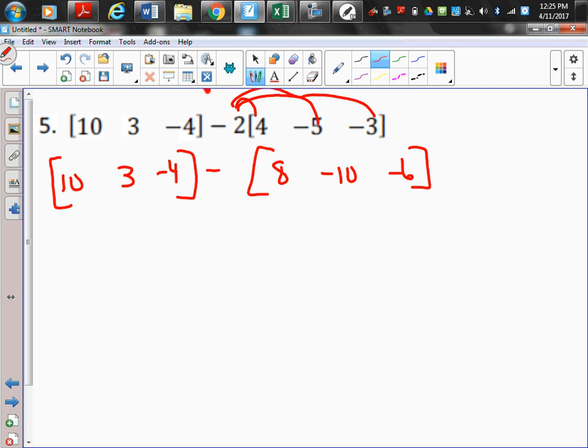So now you go 10 minus 8, 2. 3 minus -10, 13. -4 minus -6, that's 2. So you multiply by your scalar, then you do the addition or subtraction.